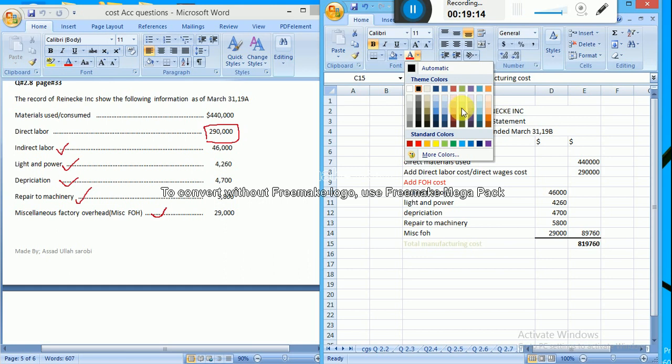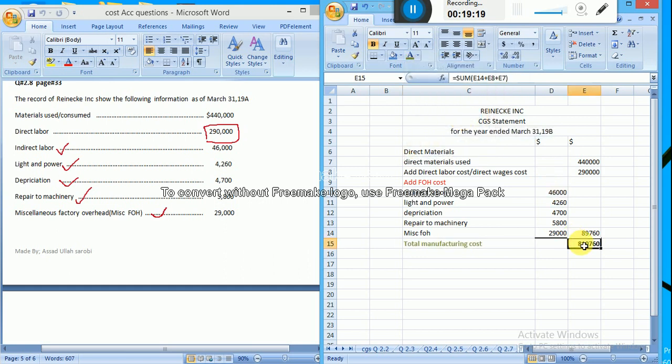Just a minute. Locate this and this. This is the total manufacturing cost. It indicates that the $8,19,760 of material we put into the process.